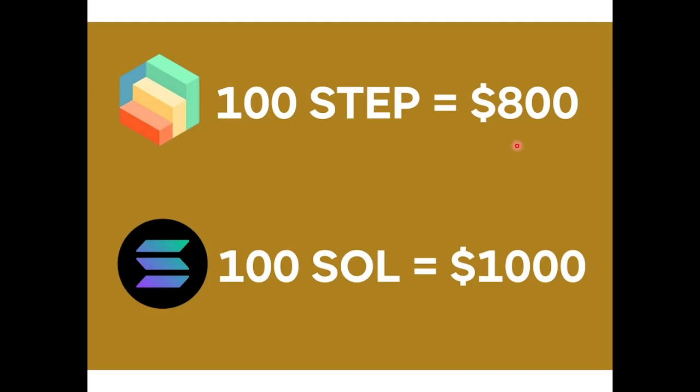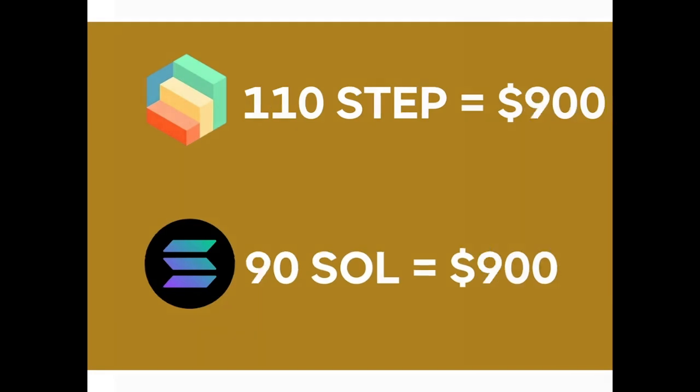When this occurs, the liquidity pool is going to automatically convert some Solana to step. When this happens, the value of Solana and the value of step in the liquidity pool becomes equal.